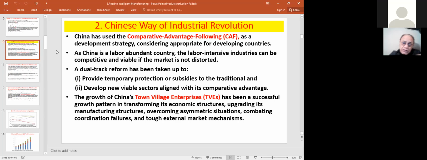And they found that their marketing edge was the cheap labor that China had. Abundant cheap labor in the countryside, in the towns and in cities was a comparative advantage for them. So they made maximum use of the cheap labor they had.